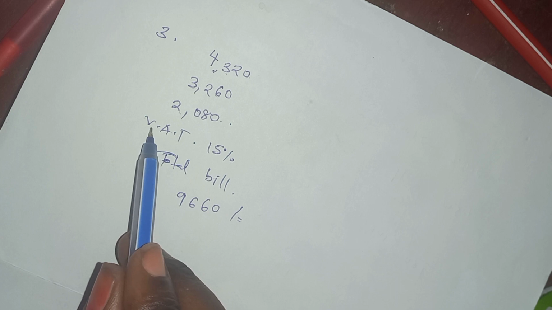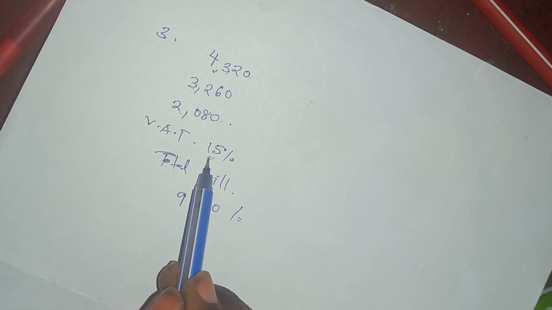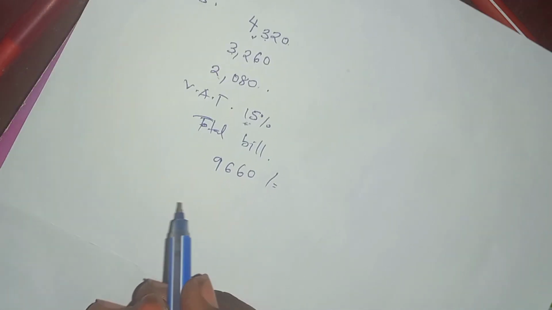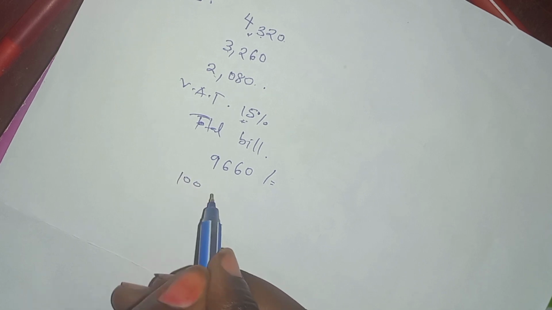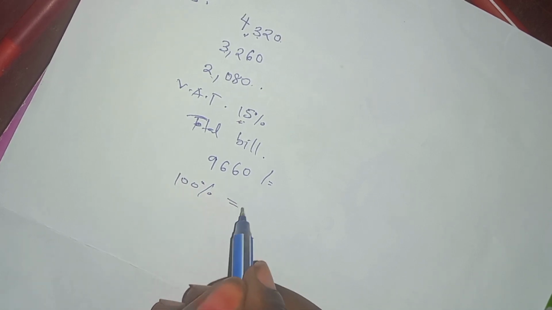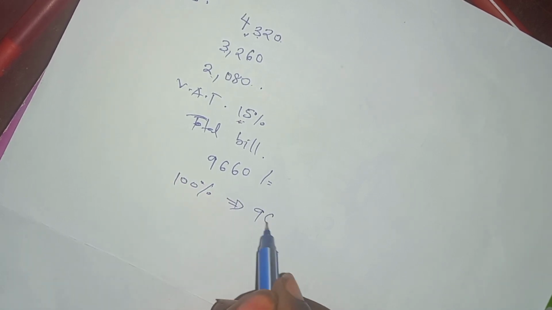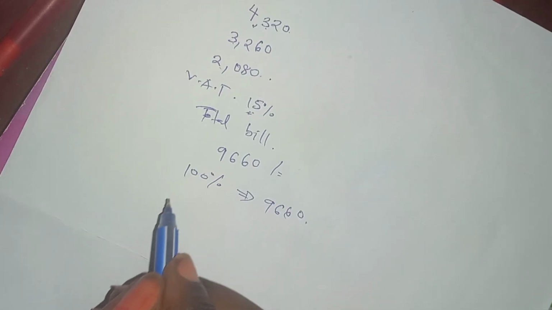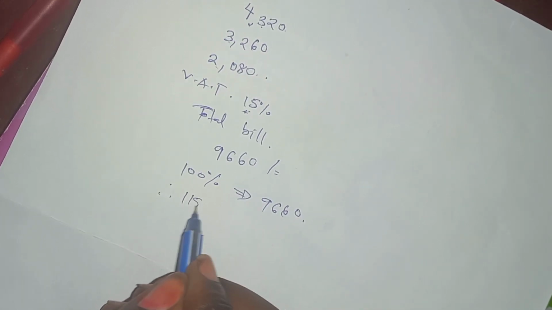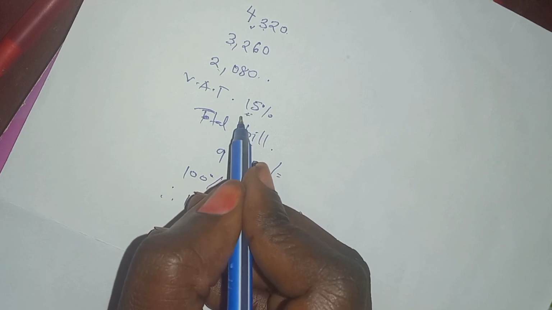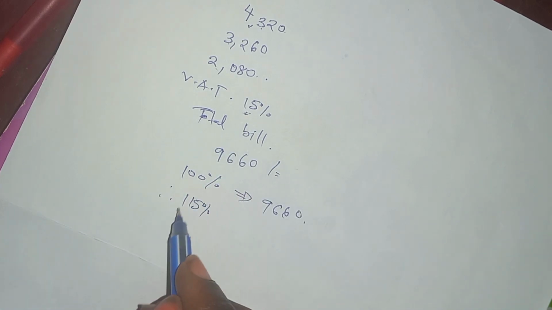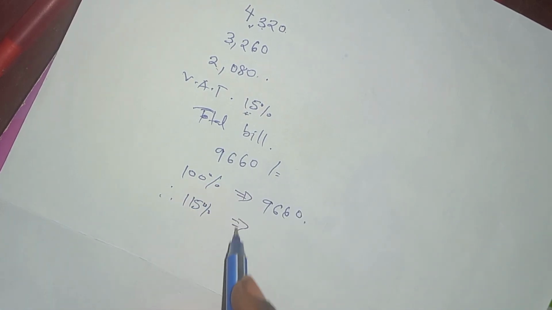The value-added tax will be 15%. So we can say that 100% will represent this. What about 115%? Because there's a value-added tax of 15%. So you'll say, what about 115%?